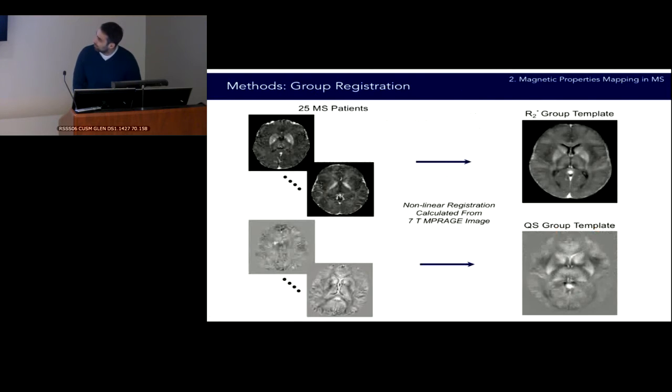For each of the patients and controls in this study, the parametric maps of R2* and QSM were registered to a 1 millimeter MRI template space using the 7T MP-RAGE image. This is done using nonlinear registration to a template space so that the position of one voxel in the putamen, for instance, in one patient corresponds to the position of a voxel in a control subject.